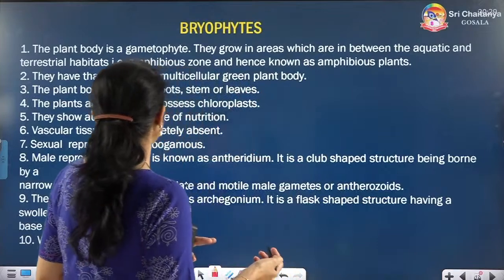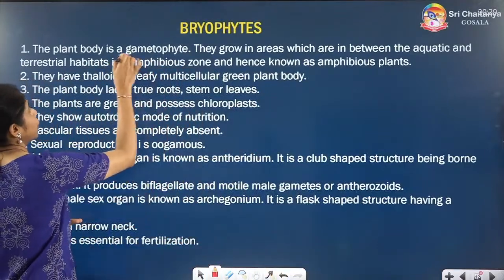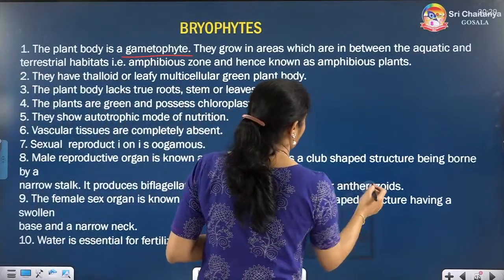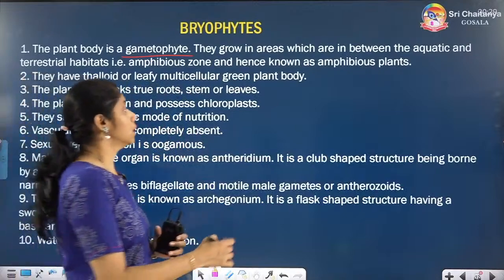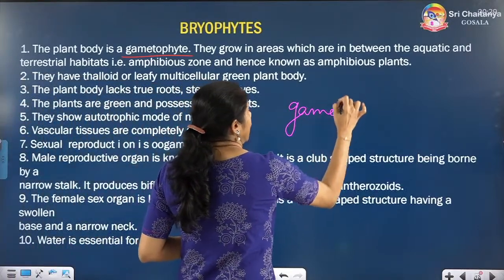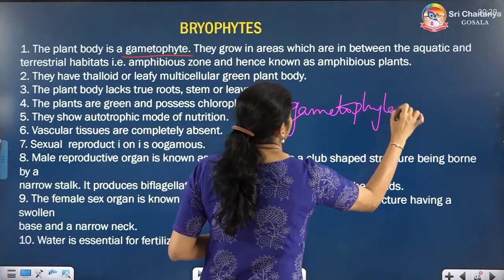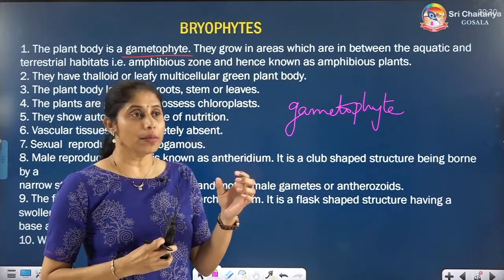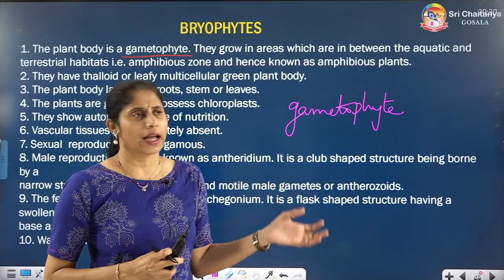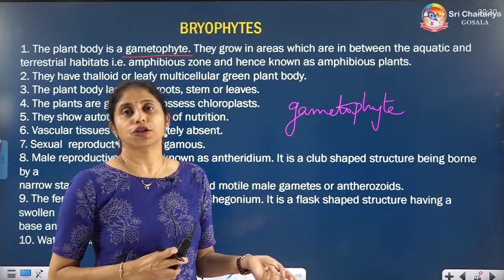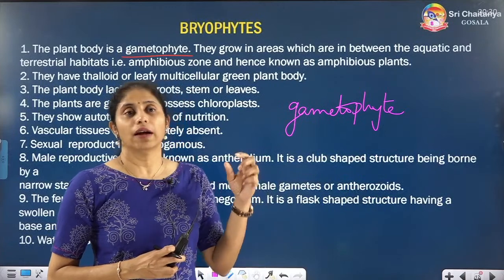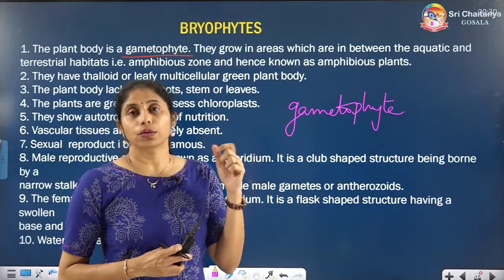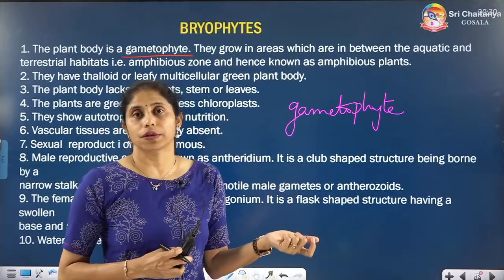So let us see the first point. The plant body is a gametophyte. In this, the gametophyte is the plant body, and it is not differentiated into true roots, stems and leaves. Some of them are thalloid, some have leaf-like, stem-like and root-like structures, but there are no true roots, true stems and true leaves.